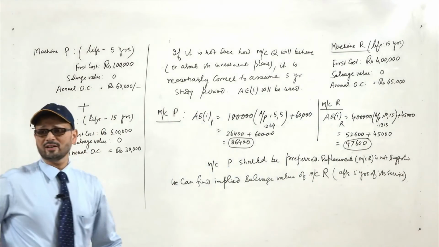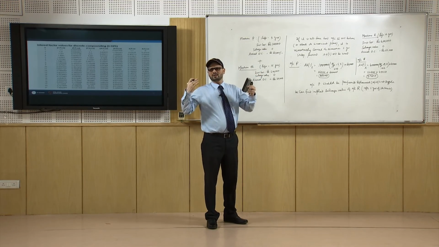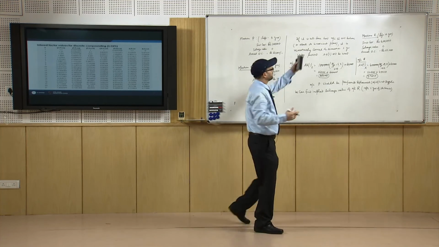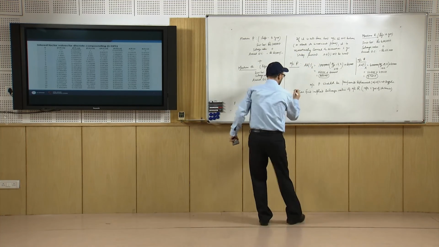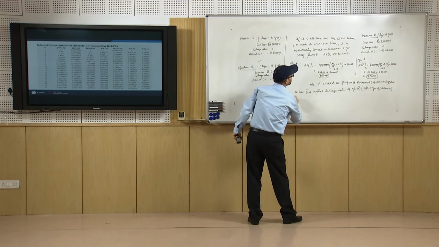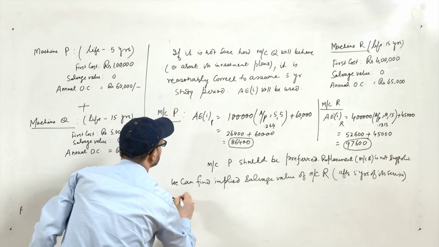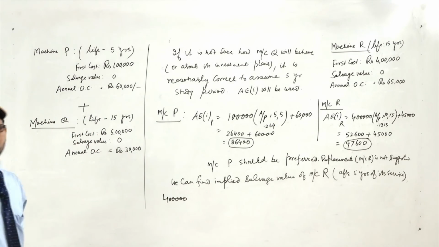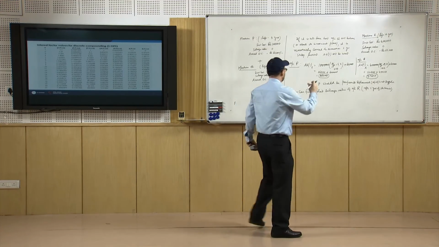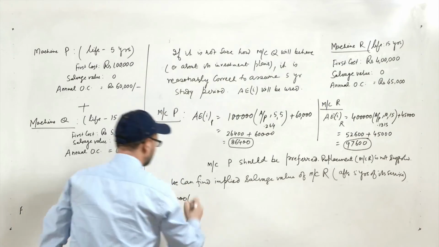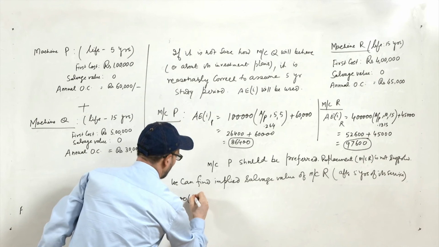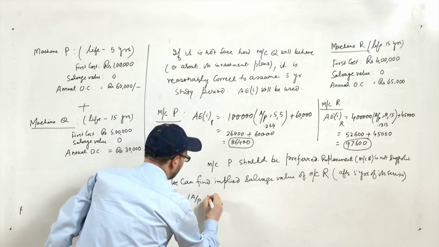So, we have already found the implied salvage value, and we can get it by solving 4 lakh multiplied by A by P 10, 15.